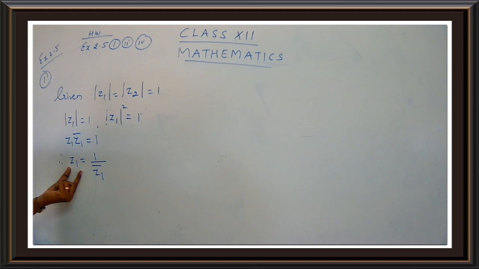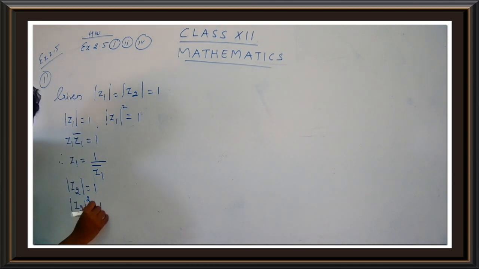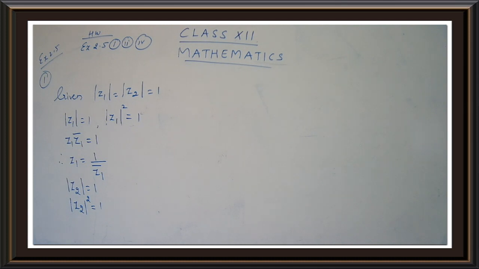Okay, children. Now you are going to complete for Z2. So consider modulus of Z2 is equal to 1. Come on, complete the step. Get me the value for Z2. I hope you have completed.